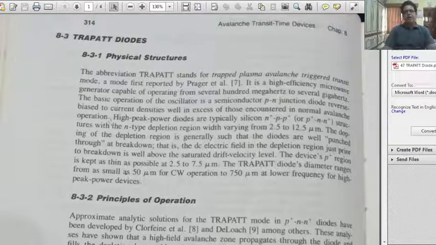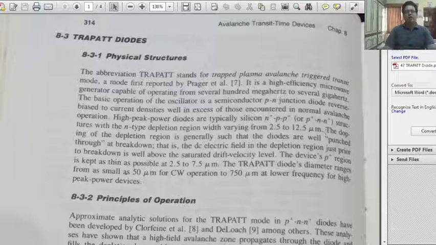High peak power diodes are typically silicon n+ p p+ or p+ n n+ structures with the n-type depletion region width varying from 2.5 to 12.5 micrometers.